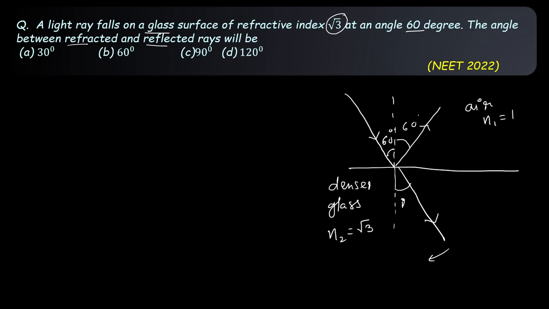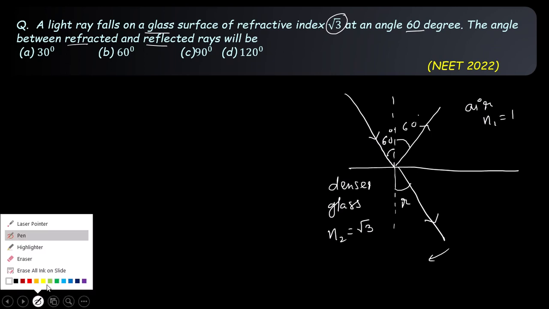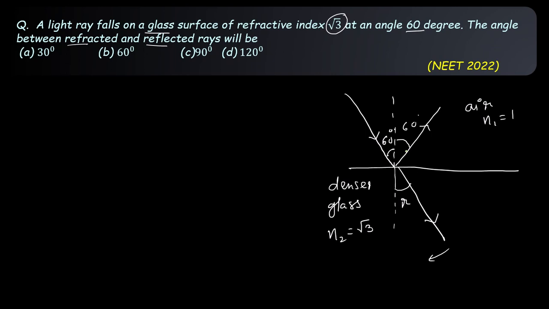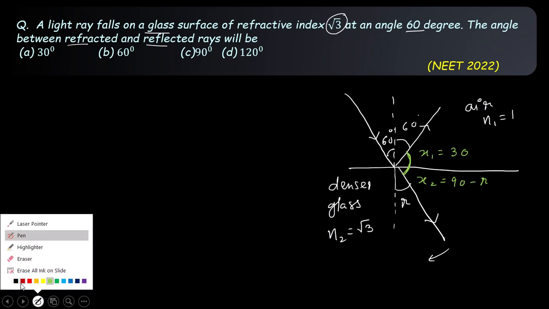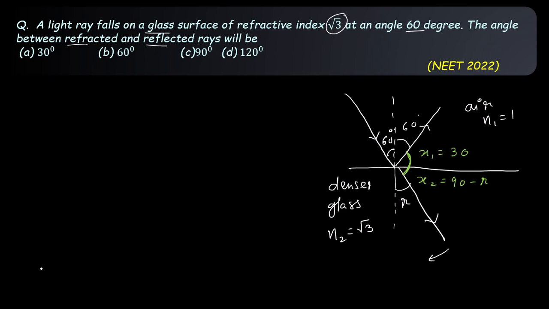Let's say this angle is r. Now we have to find the angle between the reflected ray and the refracted ray. So what is this angle? This angle is equal to 90 minus 60 is 30, and this angle is something that we should know, which is 90 minus r.